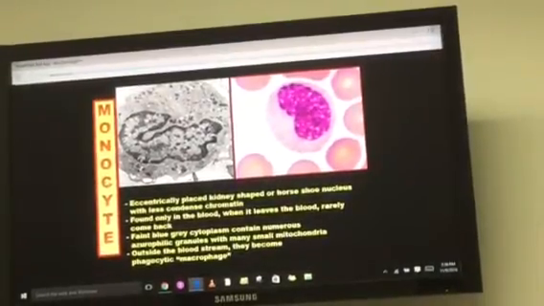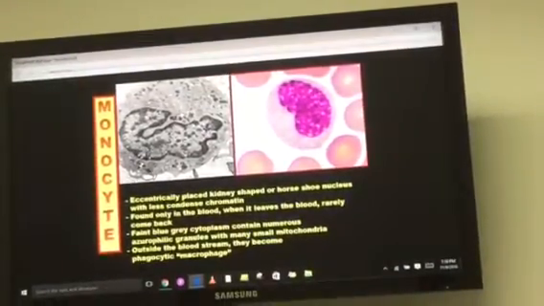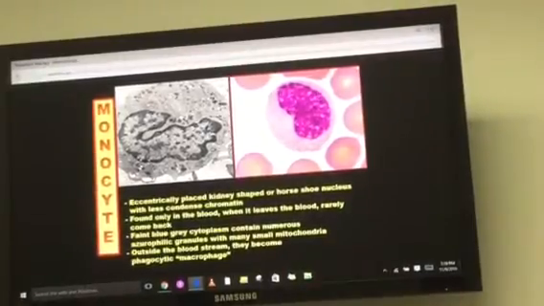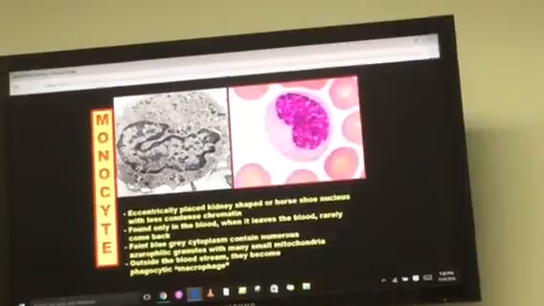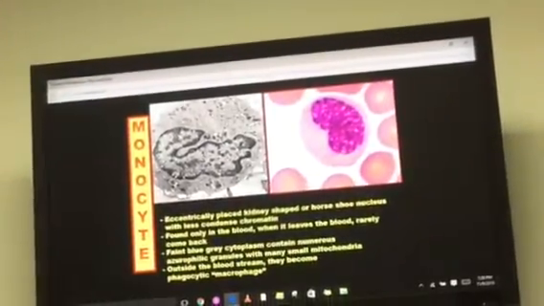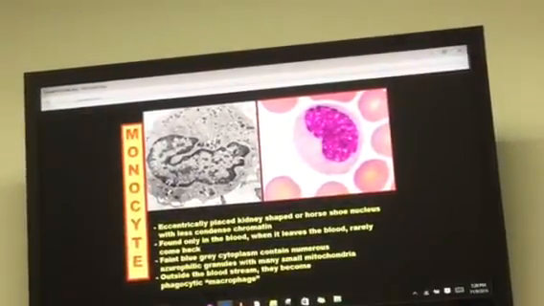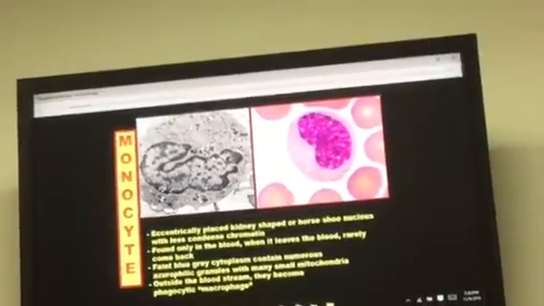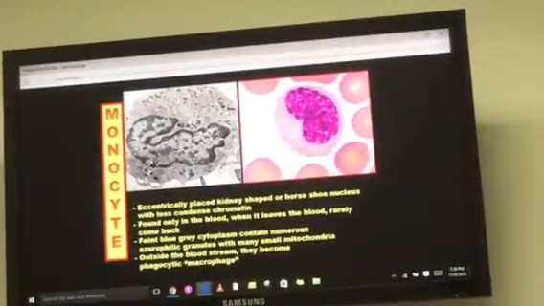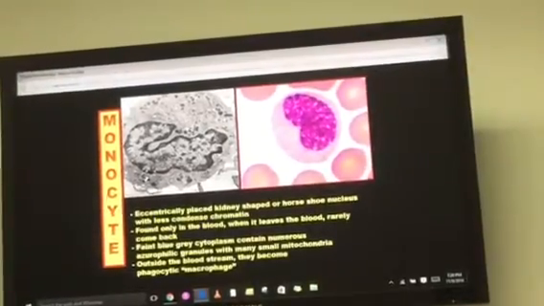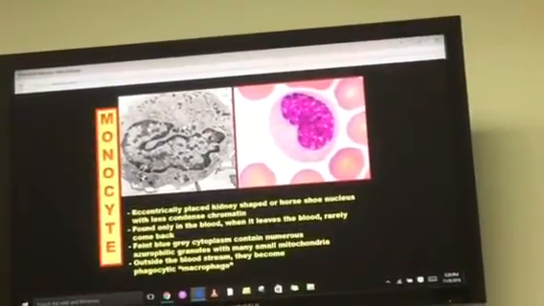Cytoplasm contains numerous azurophilic granules. So that just means, I looked it up, it's a cellular object readily stainable if you're using a Romanowsky stain. Basically, it just means that it's going to turn burgundy or Merlot coloration in white blood cells and the hyperchromatin. Nice, thank you.